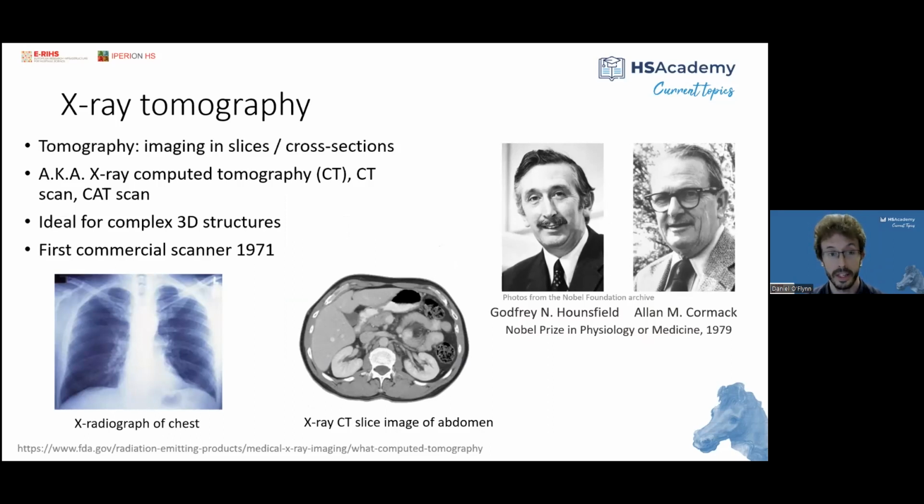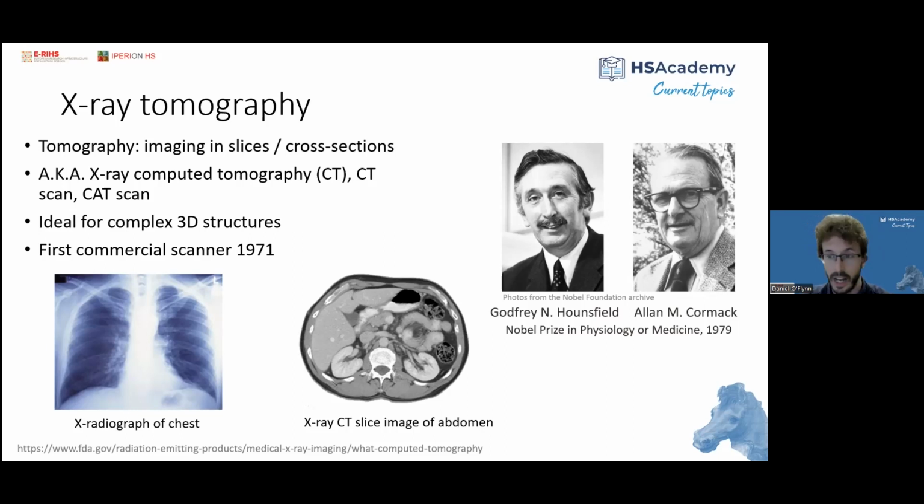If you look at the X-radiograph of the chest on the bottom left here, you can see that it's quite hard to make out organs, because everything's overlapped into a 2D plane. The image in the bottom middle is an X-ray CT sliced image through the abdomen. You can see the vertebra at the bottom of the image and the ribs surrounding the outside, and you can see two kidneys as well.